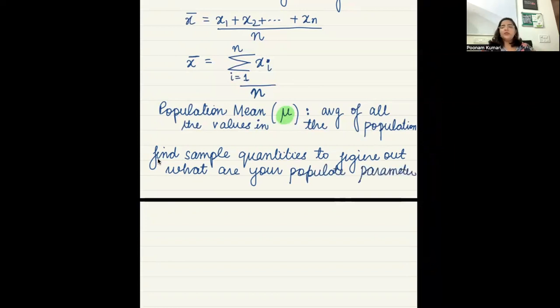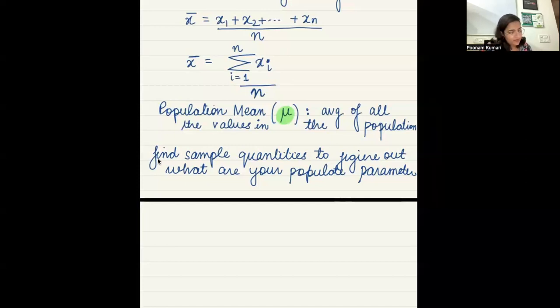Like what is the population mean, population variance, population standard deviation? We always want to know these things, but we do not have the population data, so we cannot calculate them directly. So we pick a sample and find the sample mean, sample median, and try to say this is the number closest to the population mean. That is my best guess. Whenever you try to guess something about a population, you call it a point estimate.